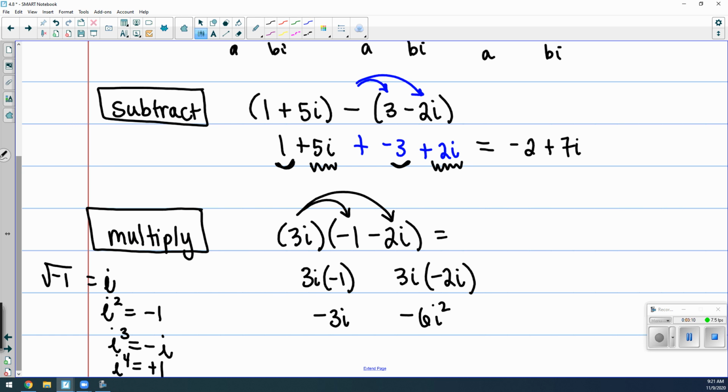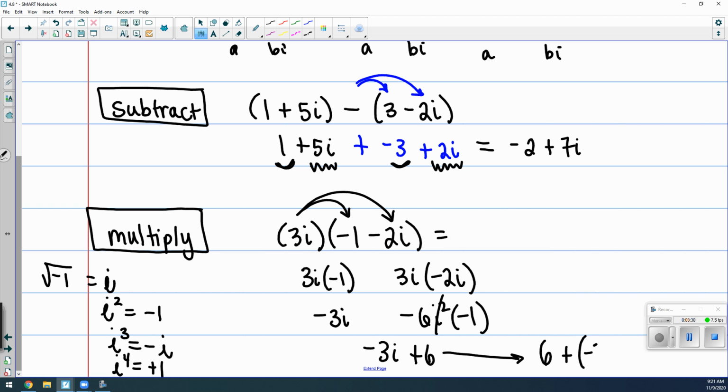Remember that i squared is negative 1. So replace i squared with negative 1. And that gives me, oh, no, not 7, positive 6. Negative 6 times negative 1 is positive 6. Negative 3i plus 6. So I was getting ahead of myself.